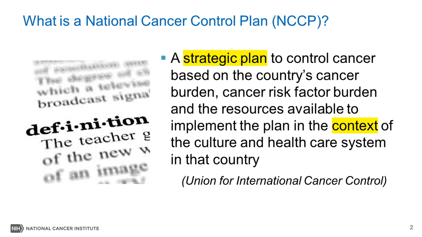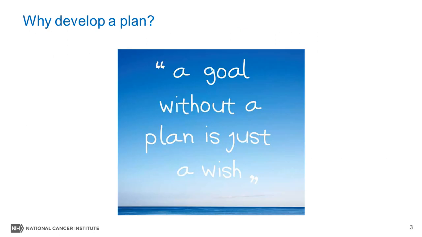For our purposes here, the cancer control plan is a strategic plan to control cancer based on the country's cancer burden, risk factor burden, and resources in the context of the culture and healthcare system of the country. This is a nice definition that I've stolen from UICC. In general, one of the reasons that we advocate for developing plans is because a goal without a plan is just a wish.